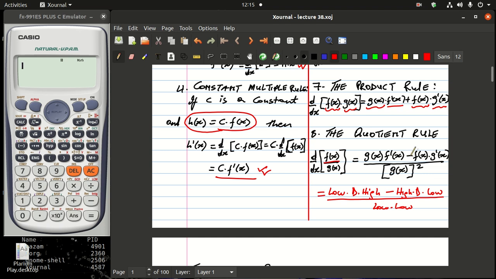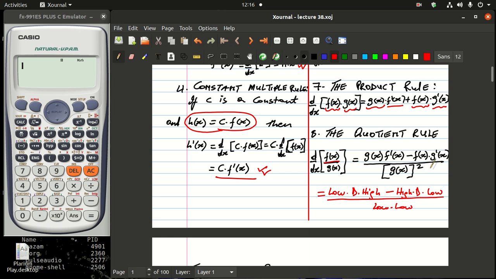Division means we subtract, and then we keep the function in the numerator, and then we multiply by the derivative of the denominator. Because there is a denominator there, it turns out that we will have to divide by the denominator squared.